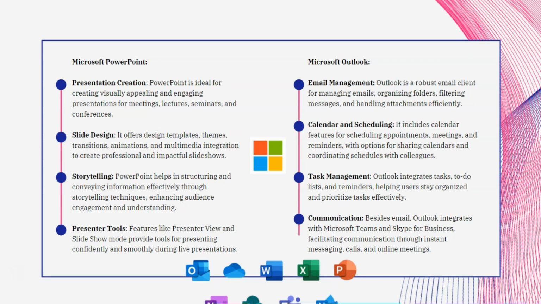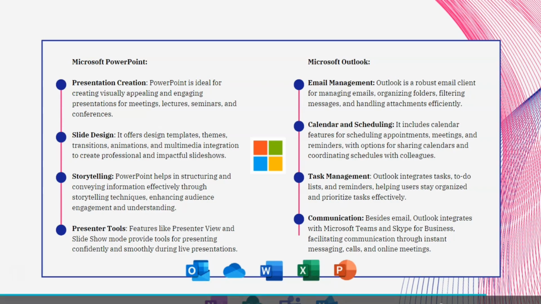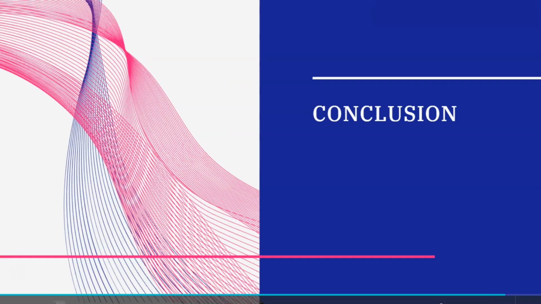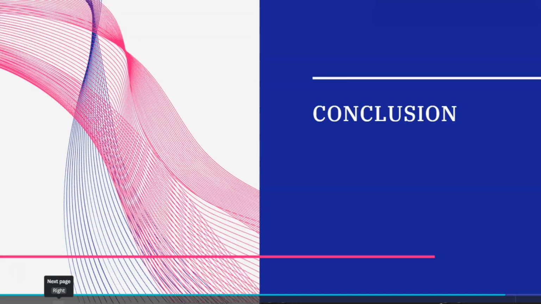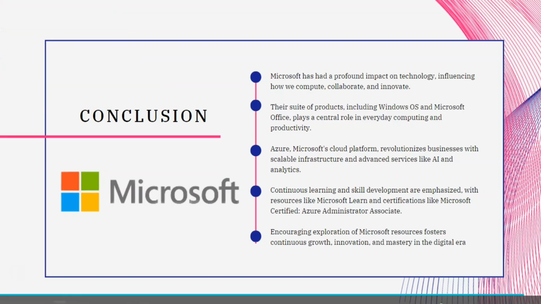So we've talked about Microsoft, its ecosystem, how it came to be, what made Microsoft, why it is leading in productivity, and how that is going to help improve our lives. We found out Microsoft has had a profound impact in technology, influencing how we compute, collaborate, and innovate.